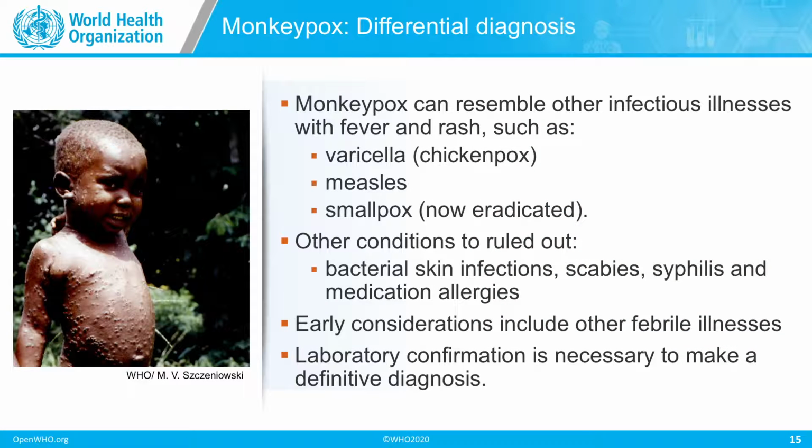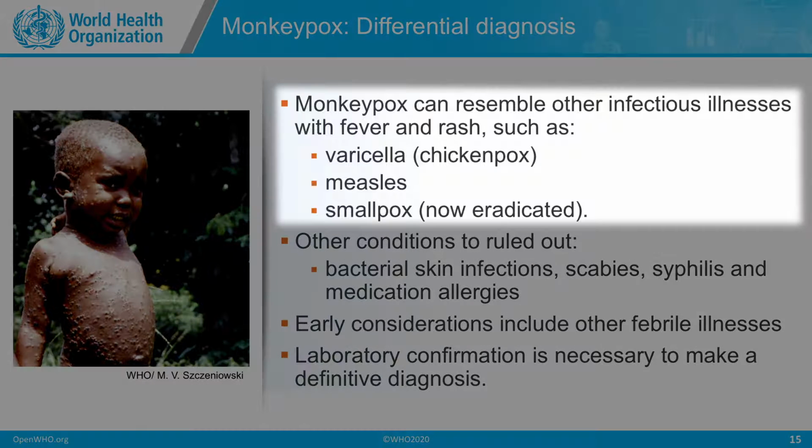So how do we distinguish monkeypox from other common childhood infections? The ones that are most important to identify are chickenpox, which is not even a pox virus, it's a herpes virus, but it causes similar blister-like lesions. Measles is unfortunately still too common because the vaccination programs are not yet reaching all children.